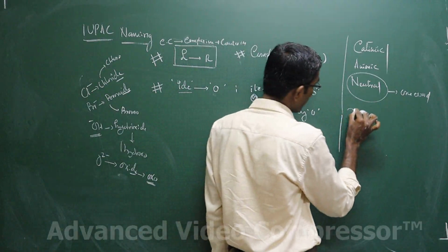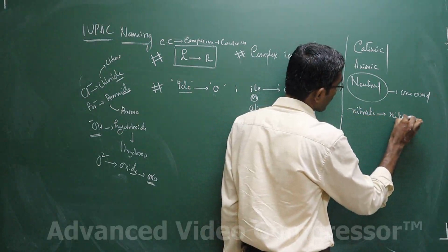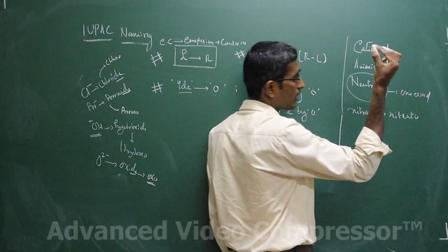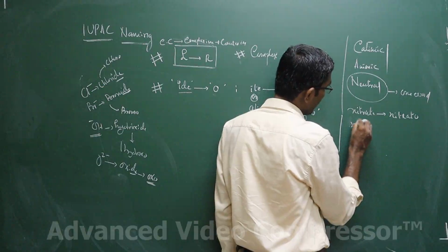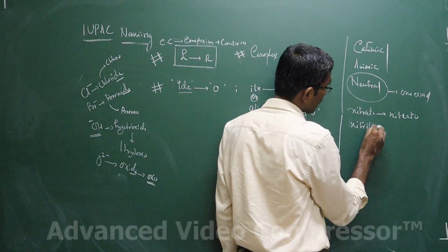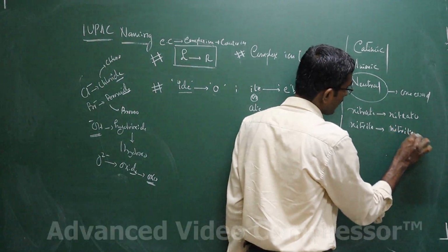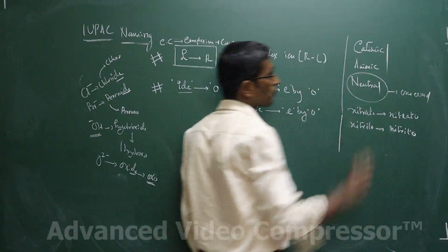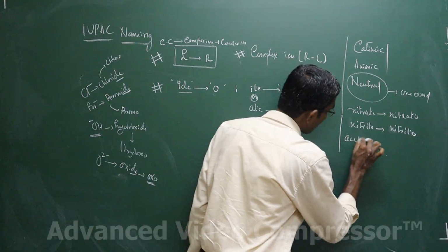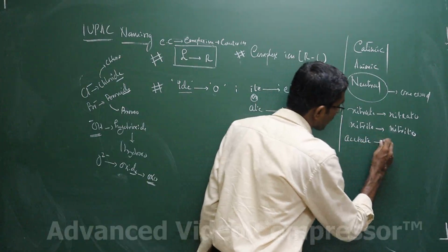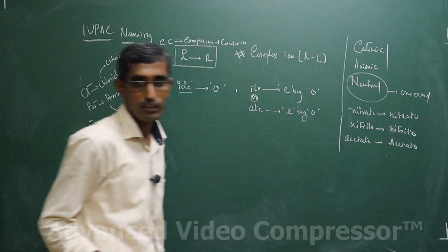For example, you have nitrate, NO3 minus. What will be the name? Nitrato, right? If you have nitrite, NO2 minus, how do you name it? Nitrito. Just replace E by O, don't do anything else. If you have the acetate ligand, CH3COO minus, how do you name it? Acetato.